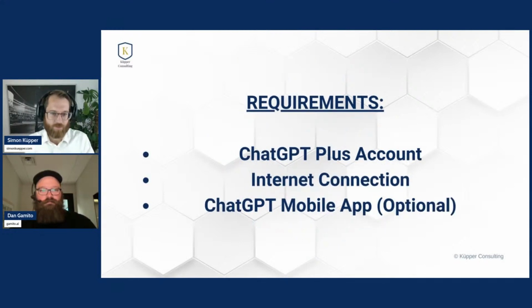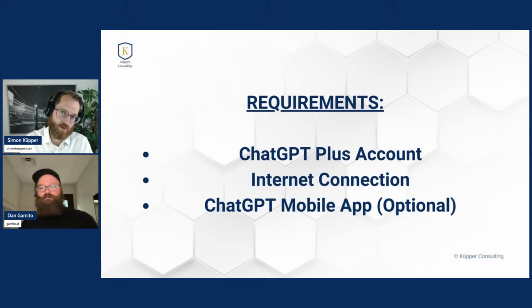All right, requirements. What do you actually need to build something like you just saw, which is pretty simple? What we're going to use today is ChatGPT as the LLM model, and you need a Plus account for that, at least at the time of this recording. Of course, you need an internet connection, otherwise you're going to have some problems.